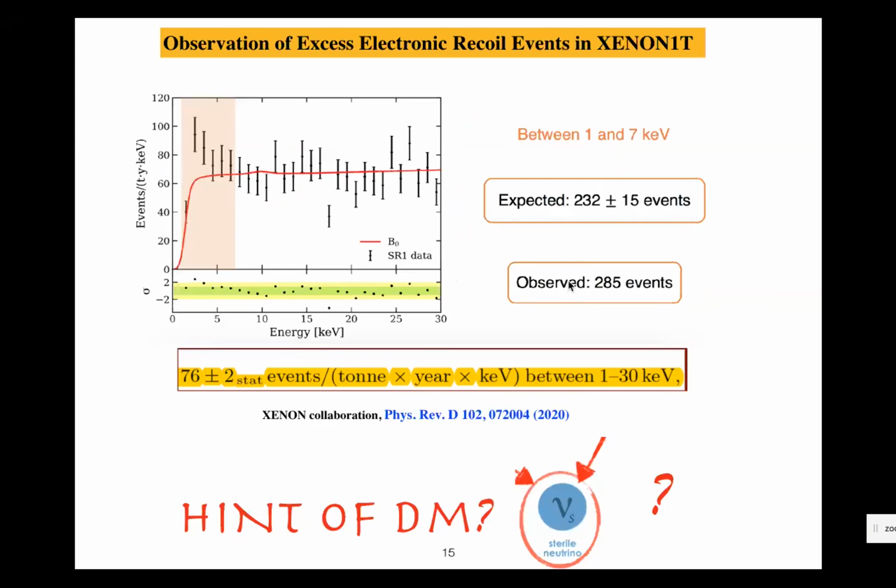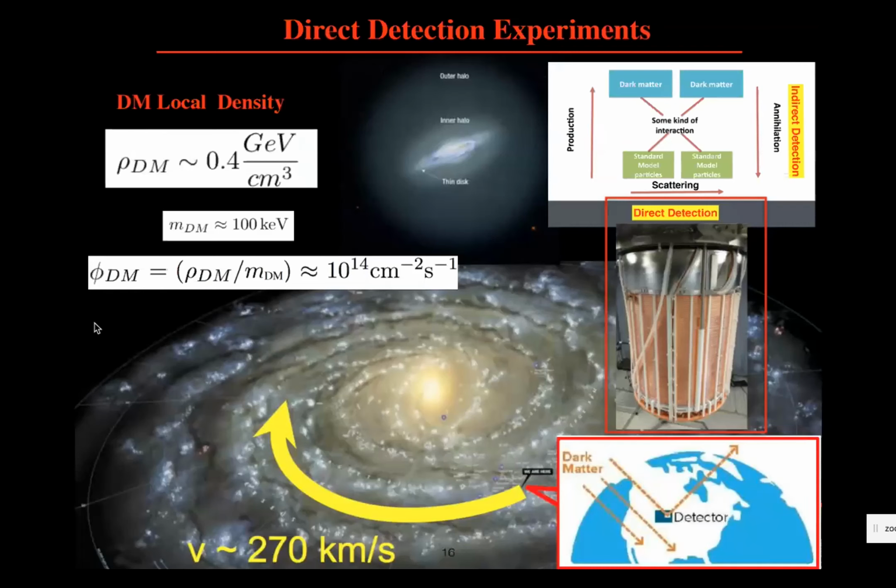So already in the previous talks, we have had some explanation of this new Xenon signal, which appeared at the low energy scale. So I'm going to tell you why this new sterile neutrino that we introduced can be well fitted with this result.